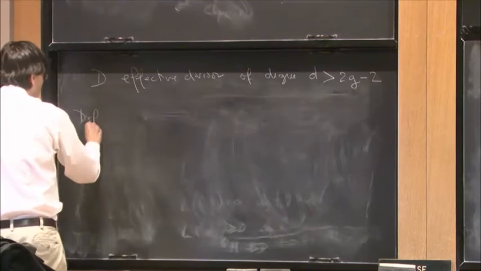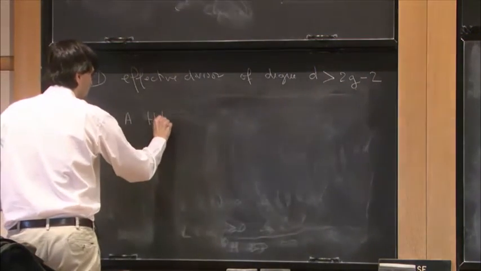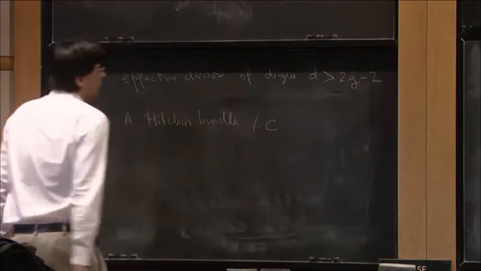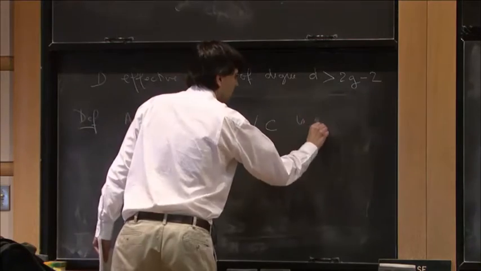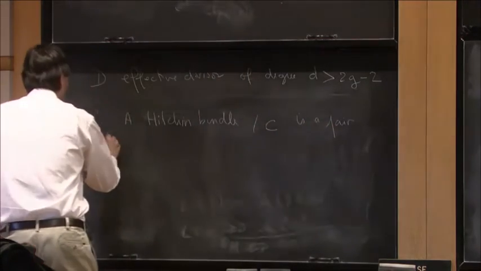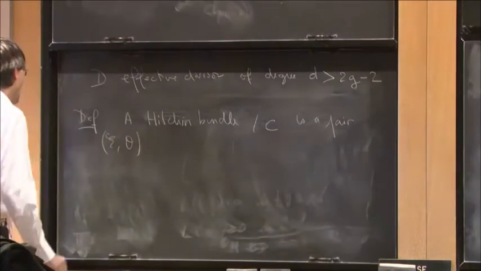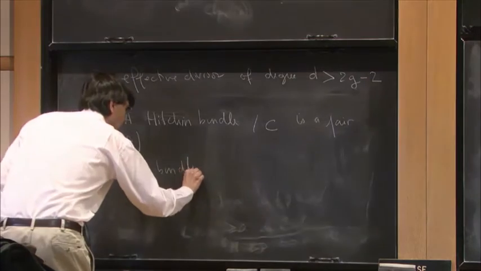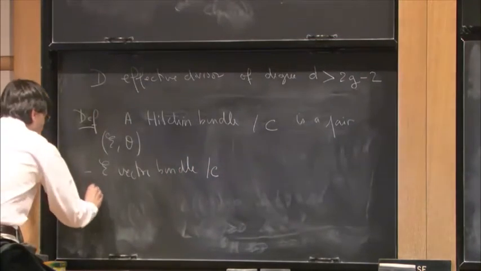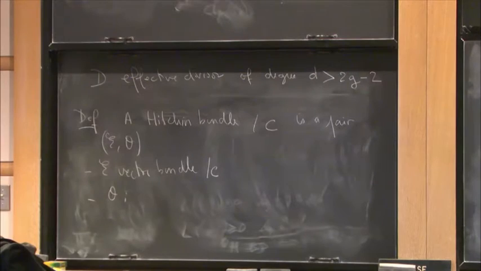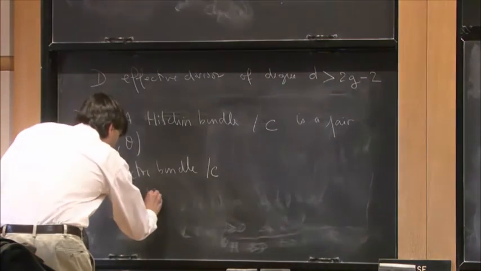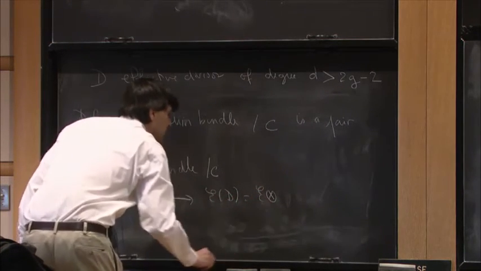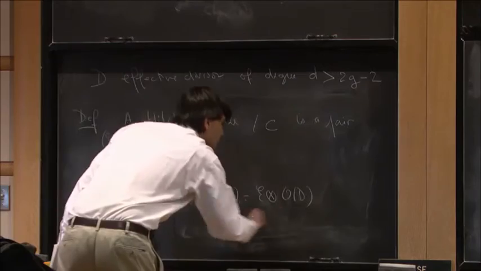And definition: a Hitchin bundle over C is a pair (E, theta), where E is a vector bundle over C, and theta is a homomorphism of O_C-modules from E to E twisted by D, that is E twisted by the line bundle associated to D.